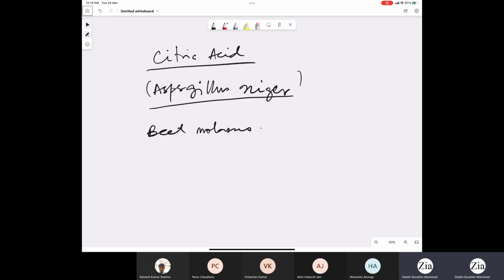So beet molasses will have different polysaccharides. Different enzymes like amylase or invertase will hydrolyze the polysaccharides, and then it will produce glucose. And from glucose, it will first follow the EMP pathway. Then it will produce pyruvic acid.